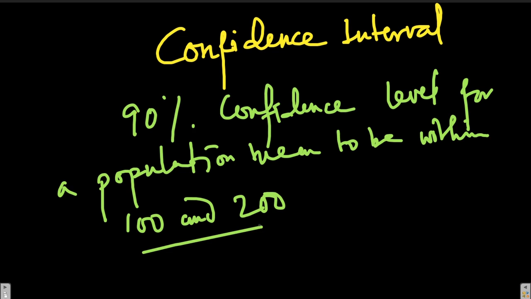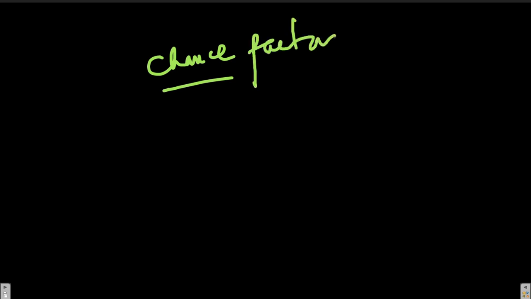Now what it does not mean is 90% chance that the population mean falls between 100 and 200. It does not mean there is any chance factor of 90% for the population mean to be within 100 and 200.